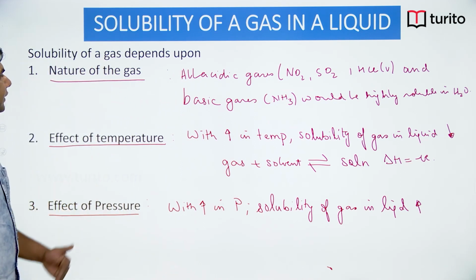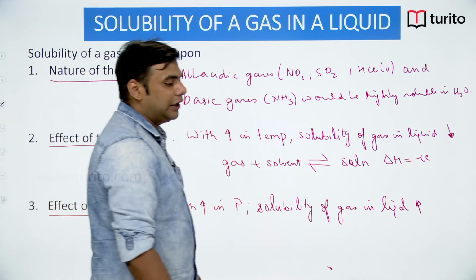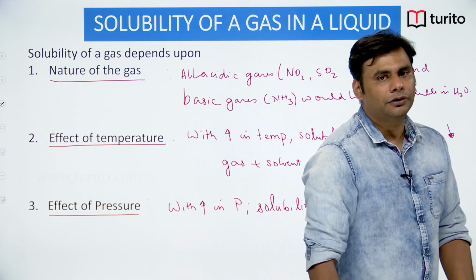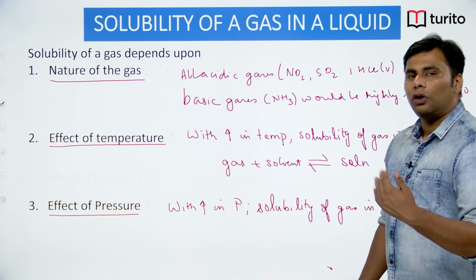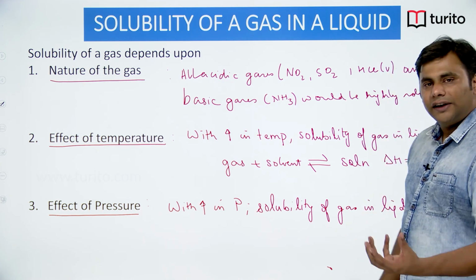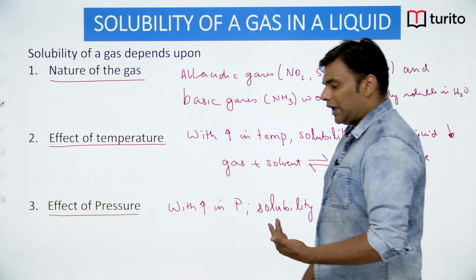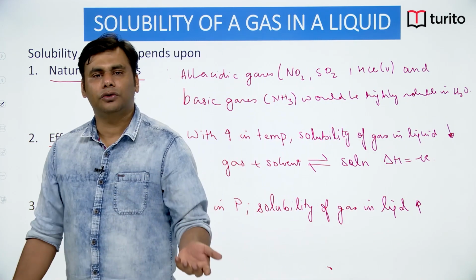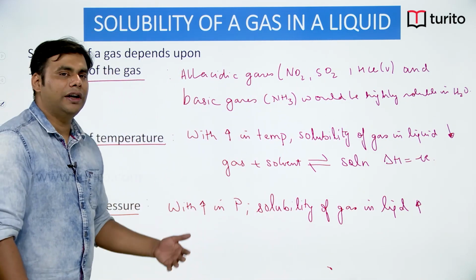Okay, so these are the three factors on which the solubility of a gas in a liquid depends. First is the nature of the gas. All the gases which are acidic or basic are more soluble in water as compared to the gases which are inert or gases which do not react with water, like O2, N2, H2, helium.